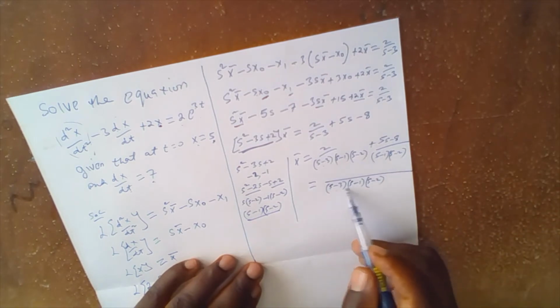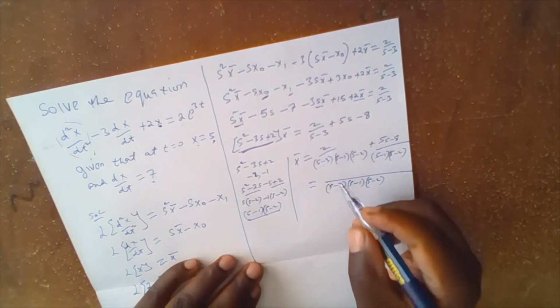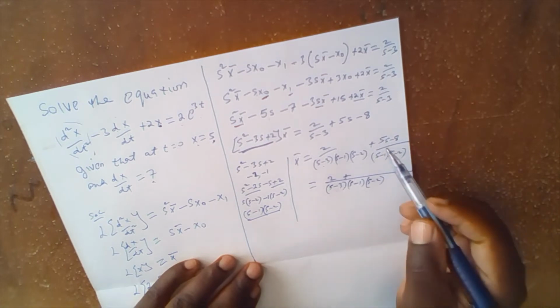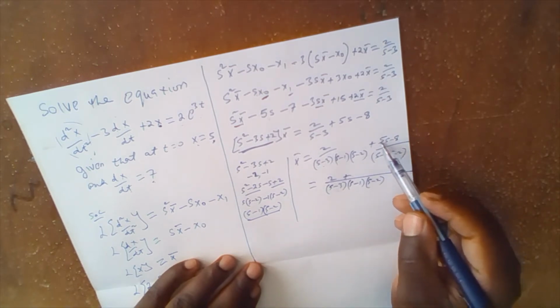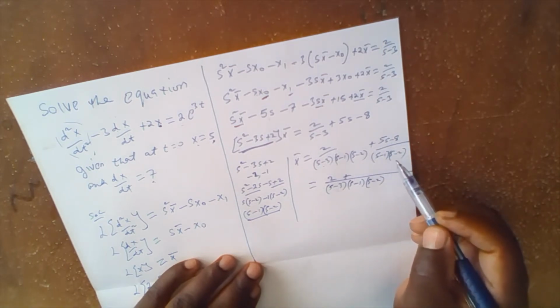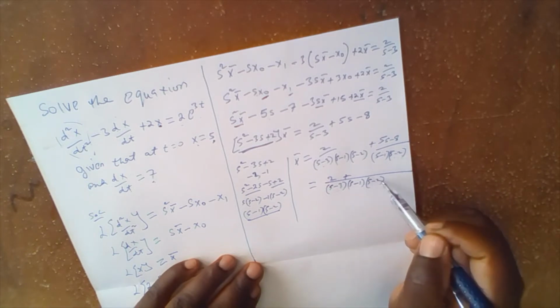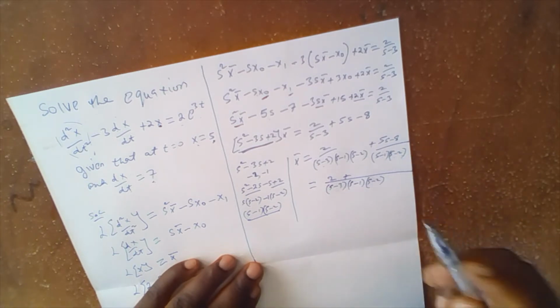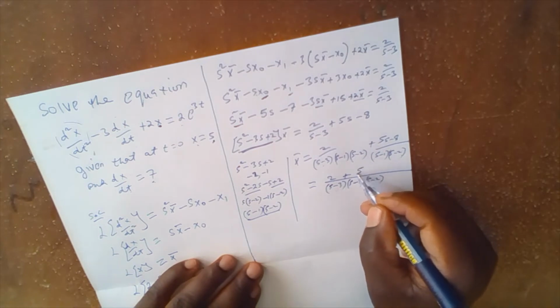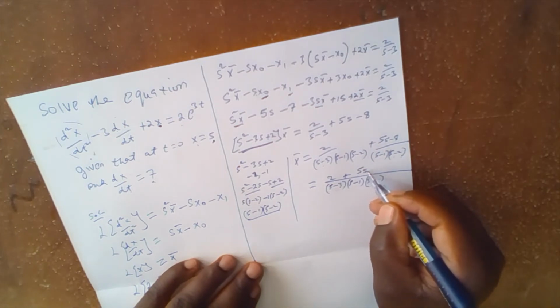So the first denominator goes into the LCM 1 time, 1 times 2 gives 2, plus 5s minus 8 times s minus 3, since s minus 1, s minus 2 goes into the LCM s minus 3 times.